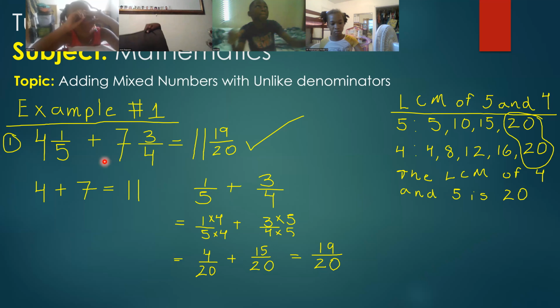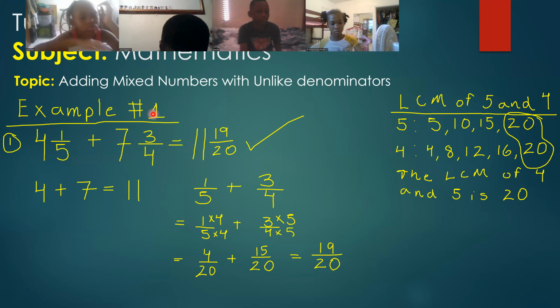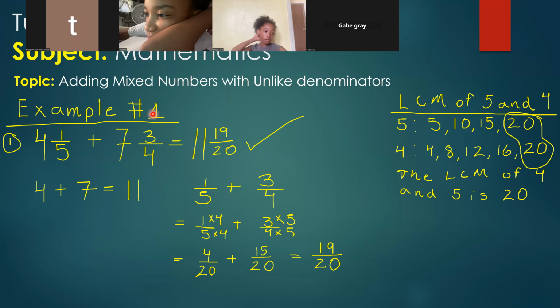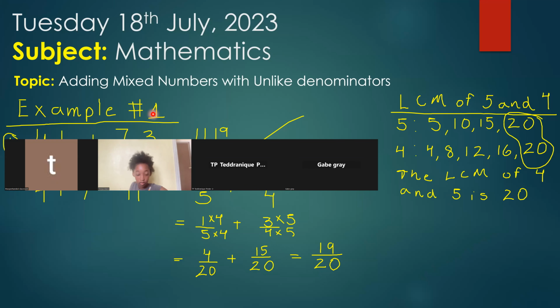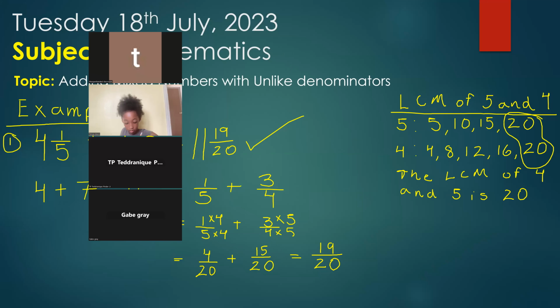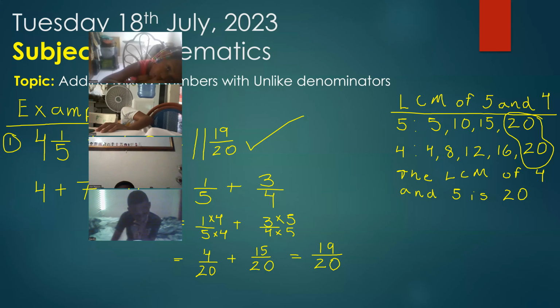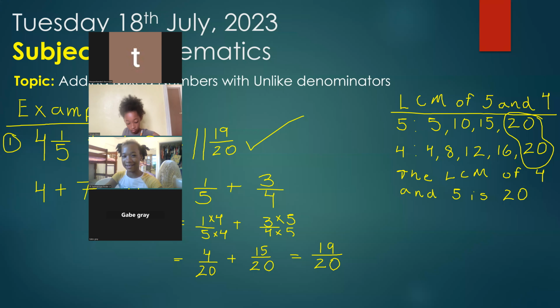Another example before we go into the graded exercise. Ariana, are you finished with this? No, sir, I'm almost finished. Okay, how about you, Tedronique? I'm finished. I'm sending you the notes. Okay, great. Tedronique, why did you miss class today? I woke up late. You woke up late?